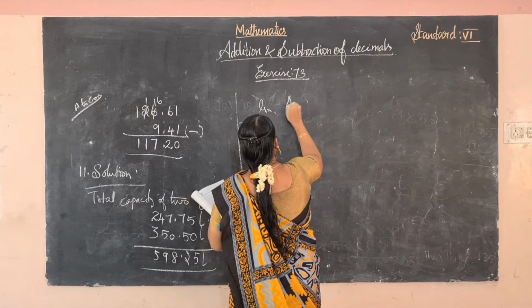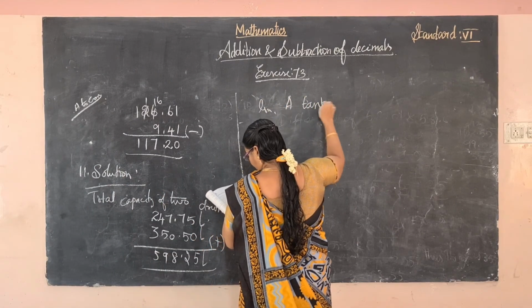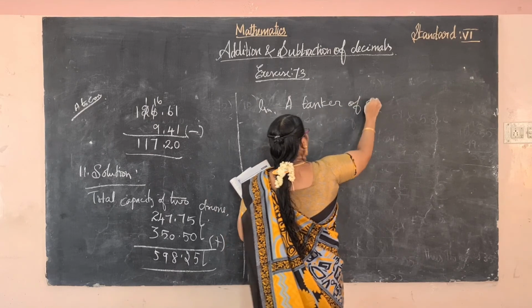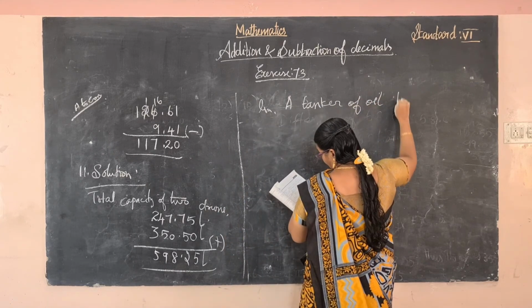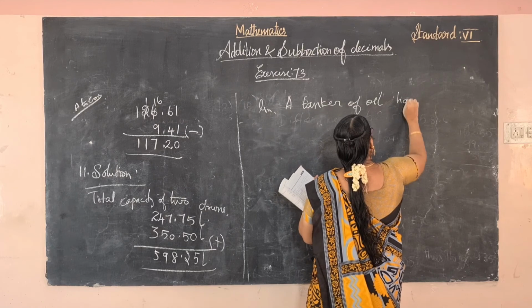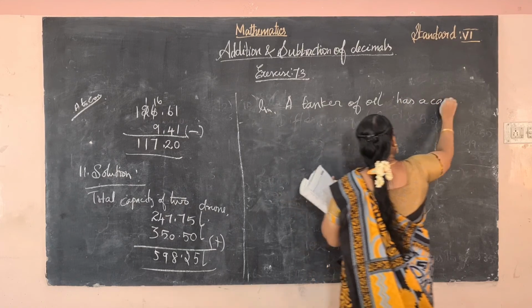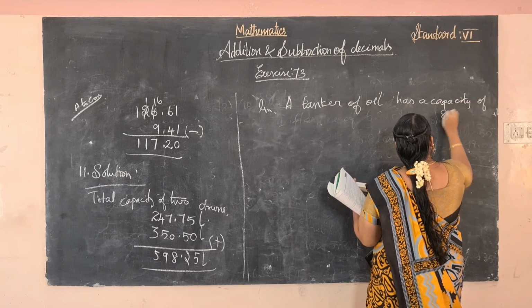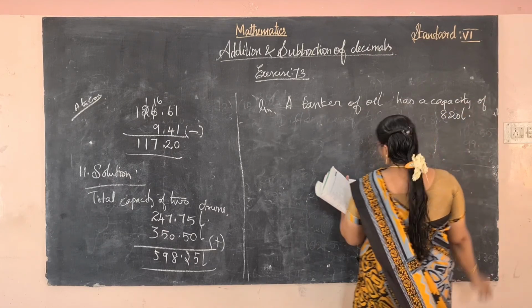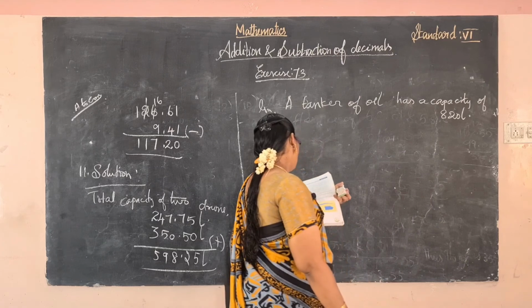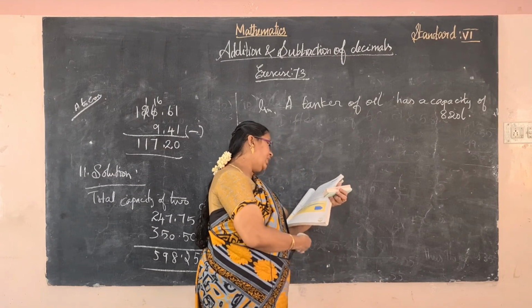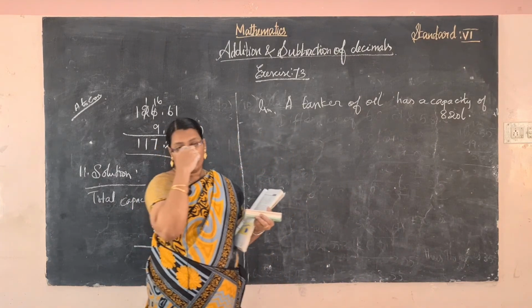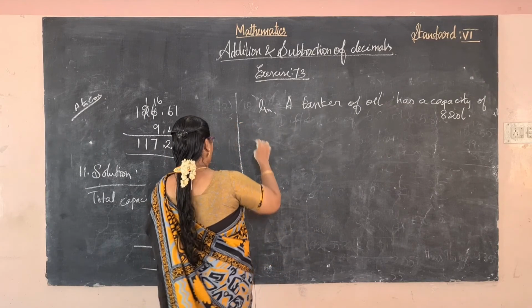Given a tanker of oil has a capacity of 820 liter. What we find out? Find the quantity of oil left in the tanker. So the question is how much remaining is there. Okay?